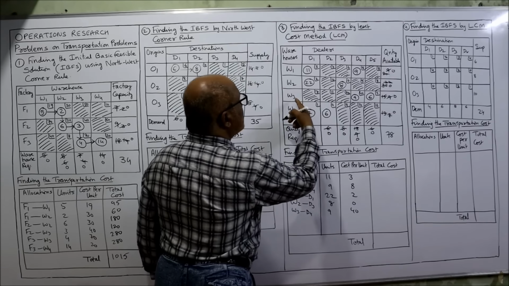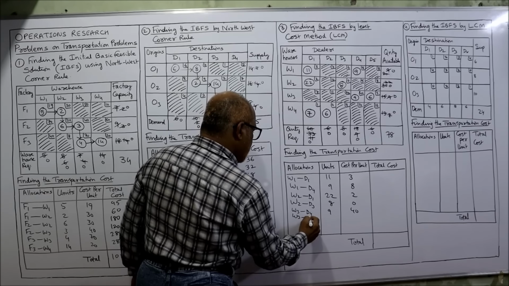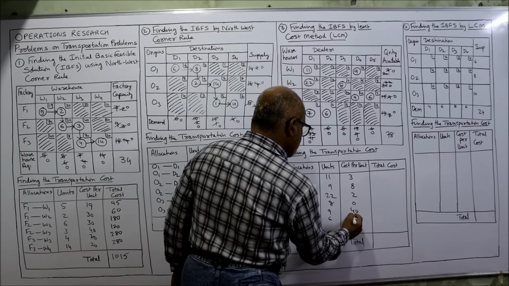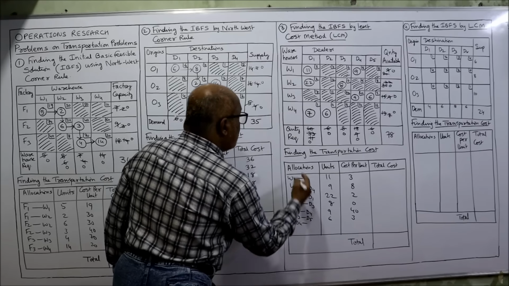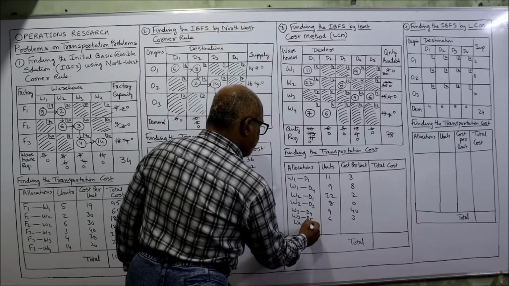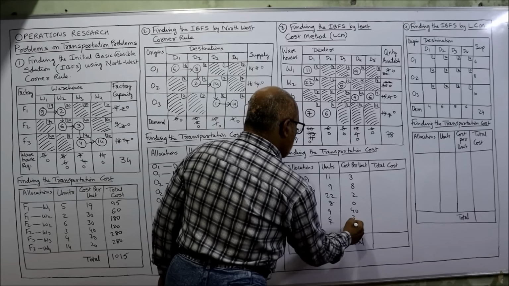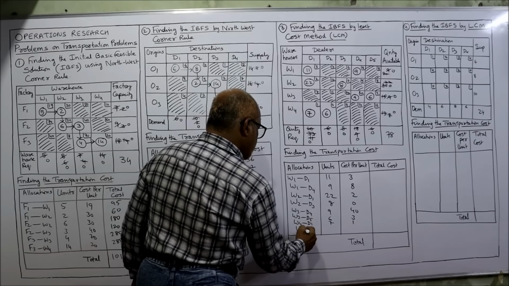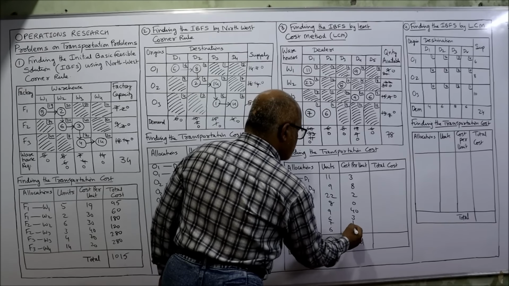W3 to D5, 6 units, 3 rupees. Then W4 to D1, 7 units, 1 rupee. And W4 to D2, 6 units, 0 rupees.